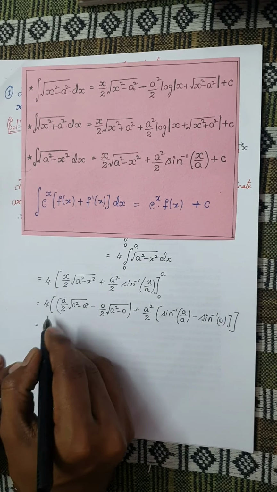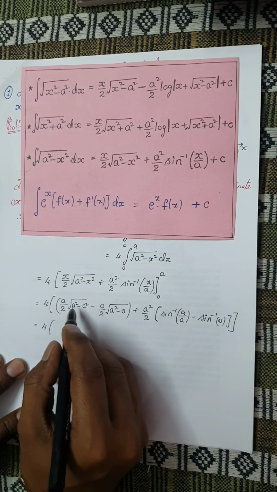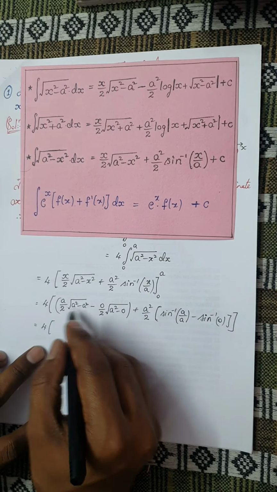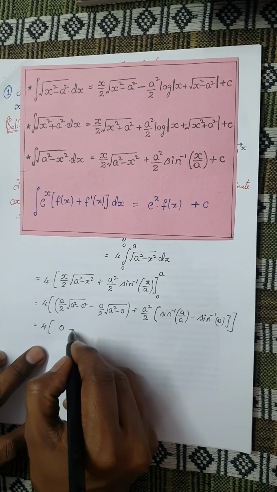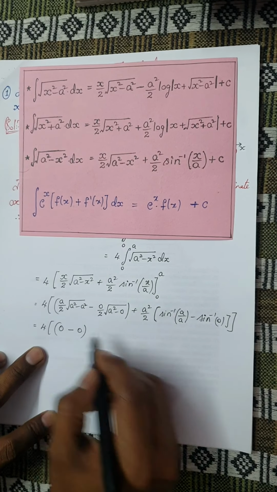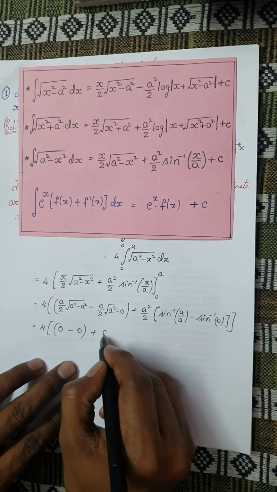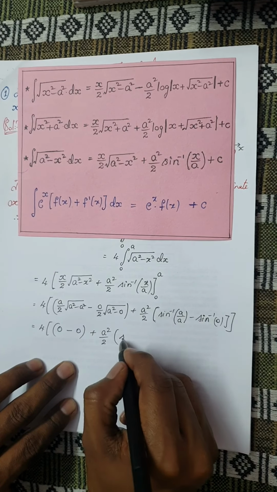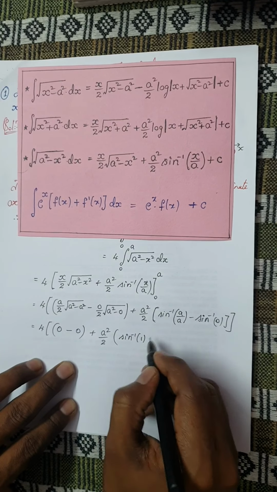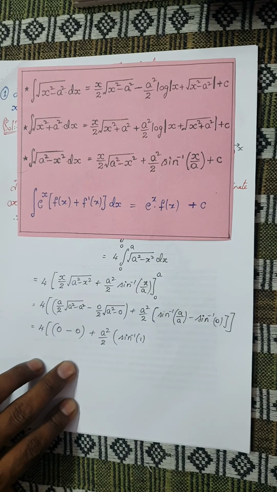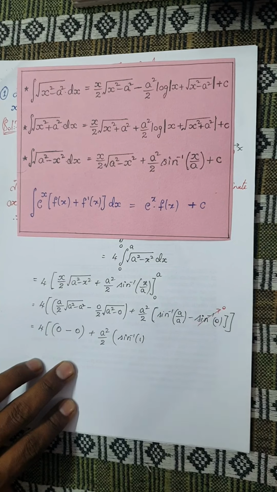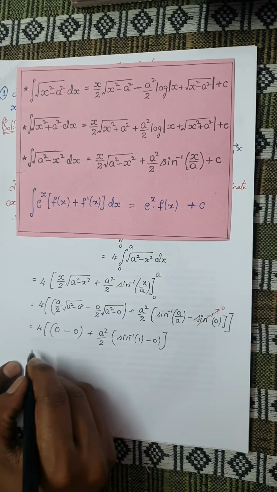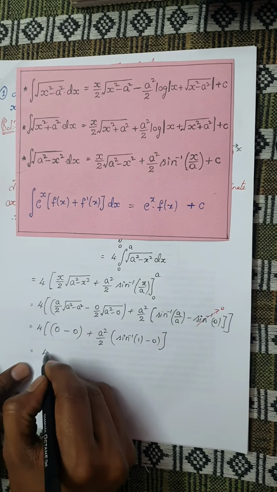Please be very careful. You have now a square minus a square, which is actually 0, isn't it? So this is 0. 0 into anything is purely 0, minus once again 0 into anything is 0. Plus it is a square by 2 into, remember, sine inverse of a by a is nothing but sine inverse of 1, and we all know sine inverse of 0 is nothing but 0.